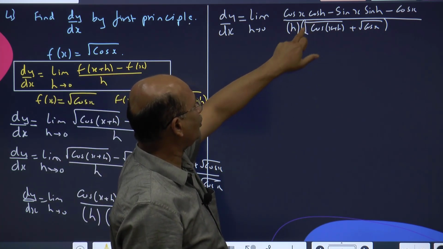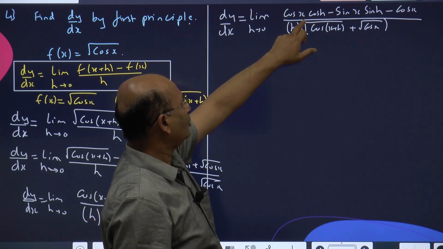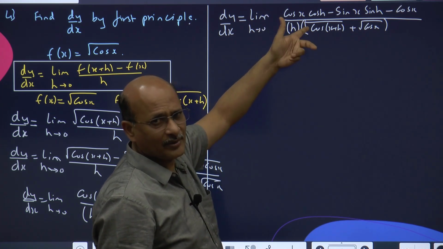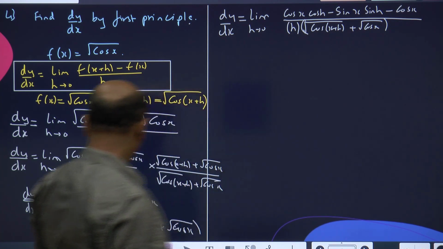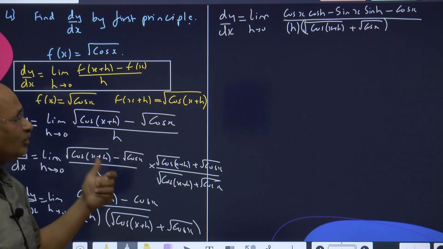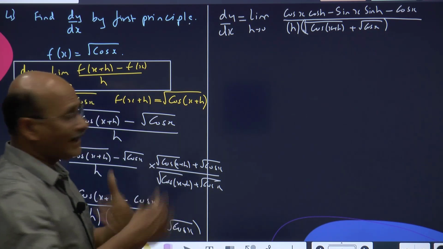Even though h is 0, I cannot take the limit here, since 0 upon 0 is not a defined number. So I think applying this formula is not preferred. Rather than that, I can do something else.